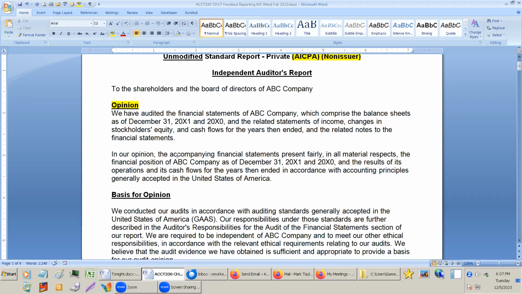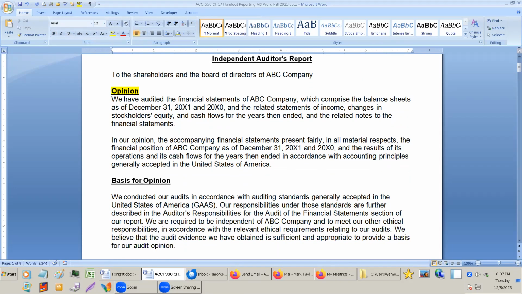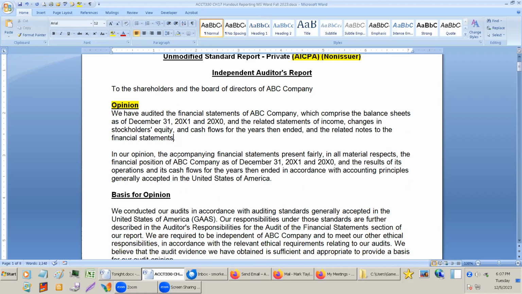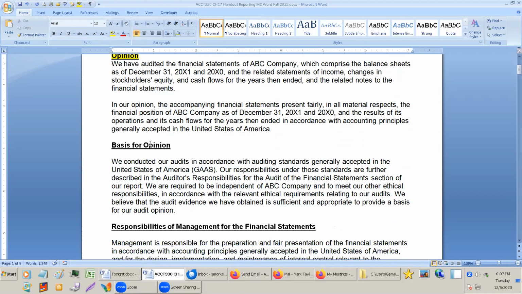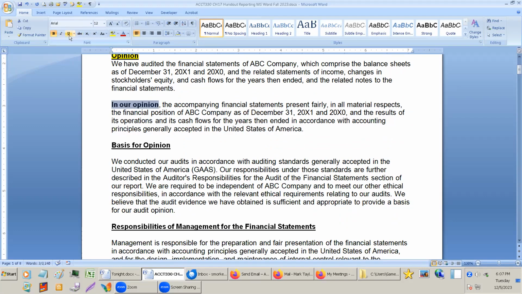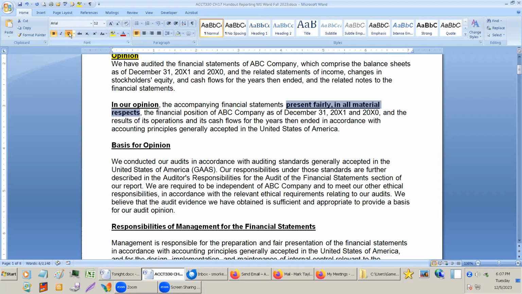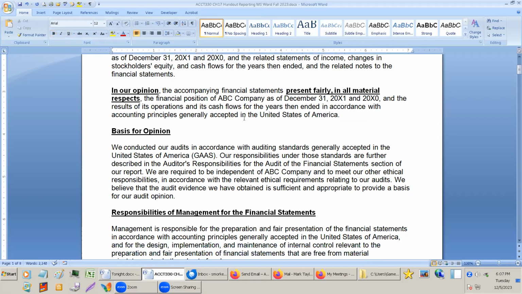And it starts right out with the opinion. So the first thing is the opinion. And this is a clean one, so we'll say, in our opinion, the company financial statements present fairly in all material respects. Again, we throw that in there, like, we don't look at everything, it's not down to the penny. Financial position, this is the balance sheet.